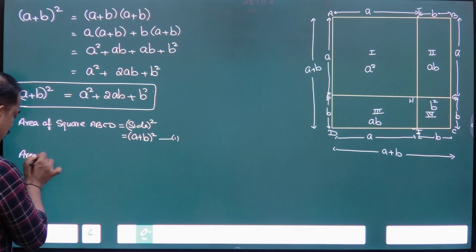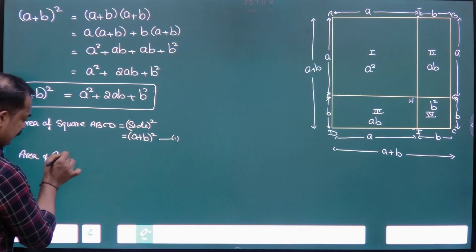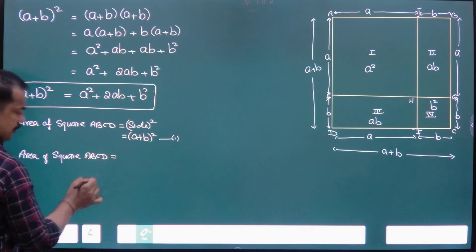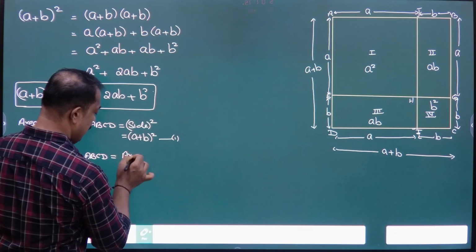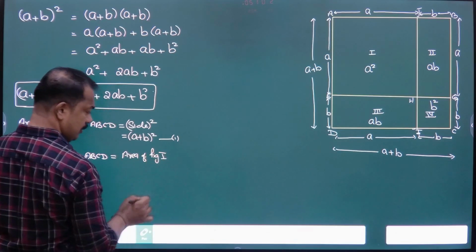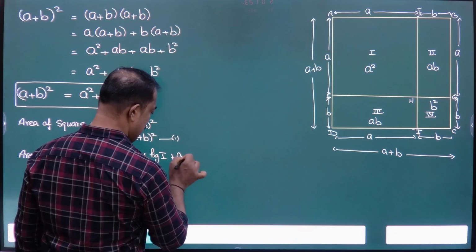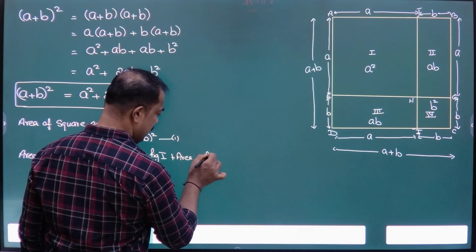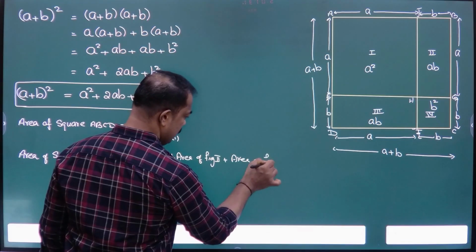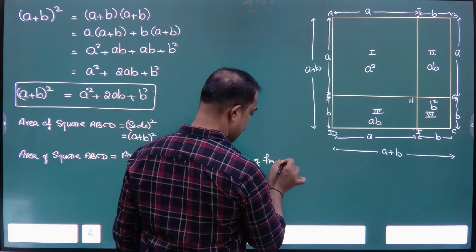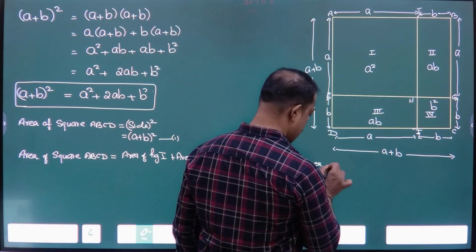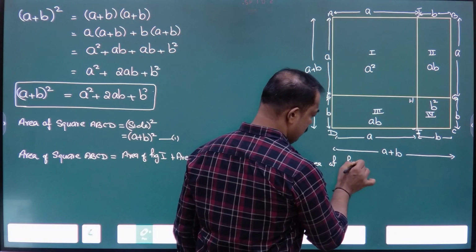Area of square ABCD is equal to area of figure 1 plus area of figure 2 plus area of figure 3 plus area of figure 4.